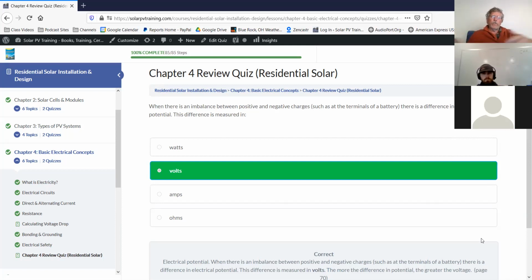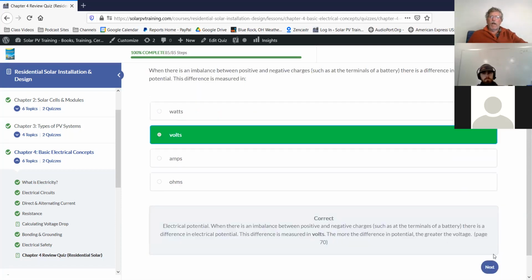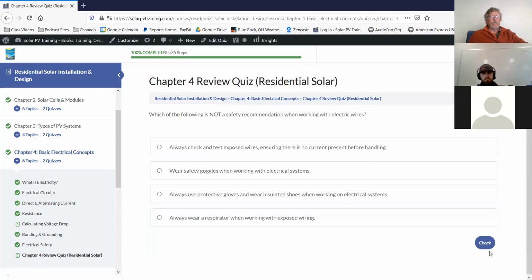We refer to zero, or Earth, as our reference point, and that's a purely arbitrary thing. We just say the Earth is at 0 volts. So if you get a positive or negative, that's just the difference between 0 and wherever you happen to be, a difference in potential.